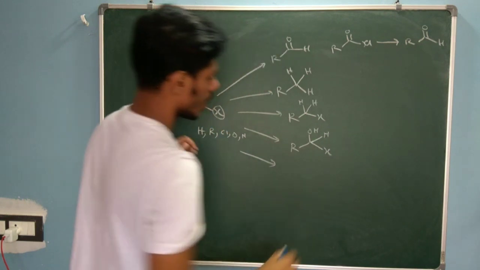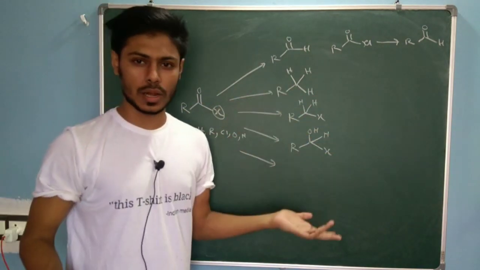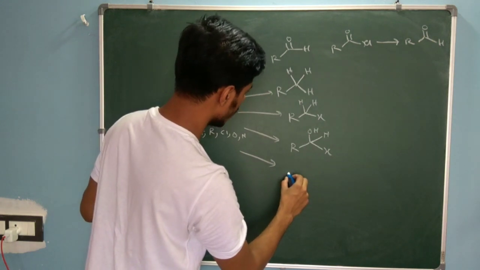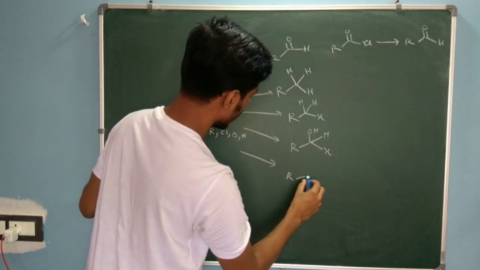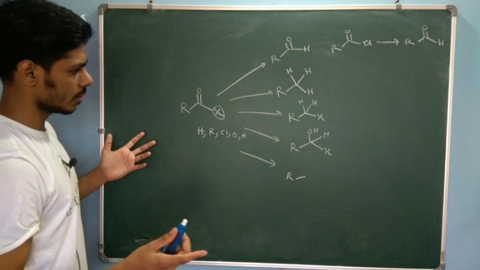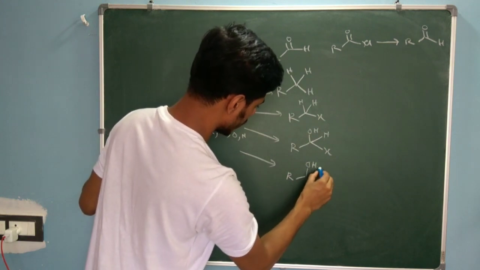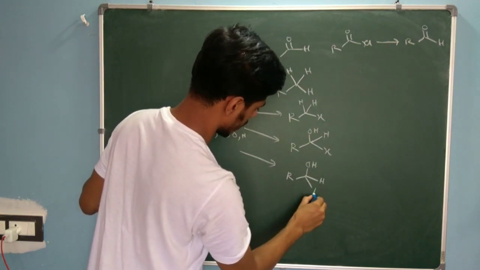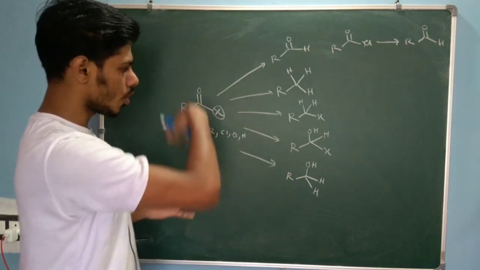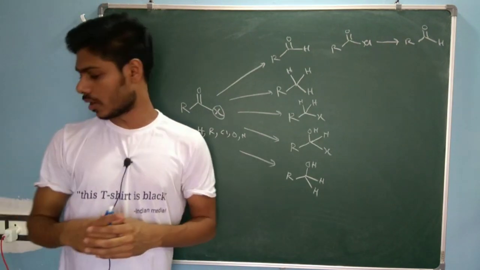So in this case we reduce, like, ketone to alcohol or aldehyde to alcohol, like that. And the last one would be, so what next can happen? Yeah, so all these things can happen, right? So these are the possibilities. Or you can add OH and 2 hydrogens, like that. So we are getting rid of X as well as we are adding hydrogen. So all these reactions are possible when we talk about the reduction reactions of carbonyl compounds.